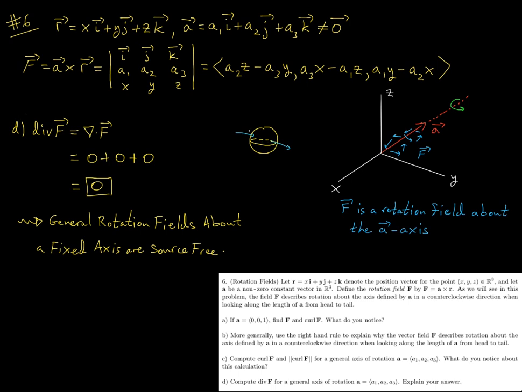And there's going to be this symmetry as you move radially outward, right? Because the magnitude's going to increase the further you are away from the origin. But again, the contributions are going to be equal and opposite. So you're going to get that net flux of 0. So it makes sense that the divergence for this rotation field is 0. Cool.